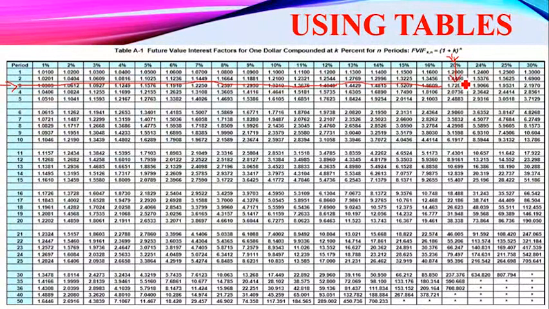They meet at a certain point where we have a value of 1.7280, and this is now our future value interest factor, where K is 20% and N is 3 years. That is how you read the tables. Kindly note that this section here is what guides you on which table to read.